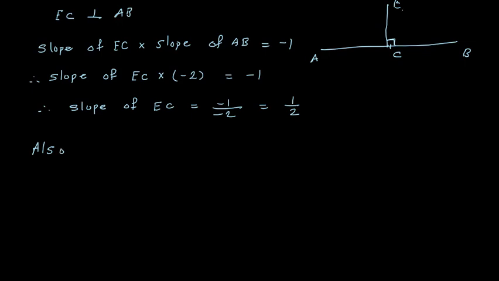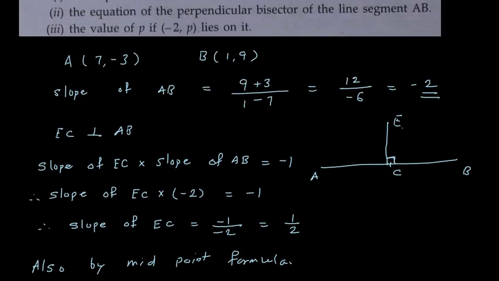So we use the midpoint formula. We can say that C is, by the midpoint formula, the coordinates of A are 7, minus 3 and of B are 1, 9.